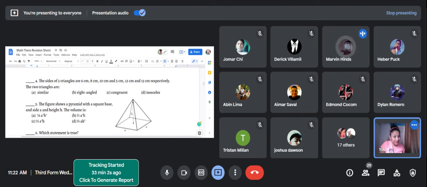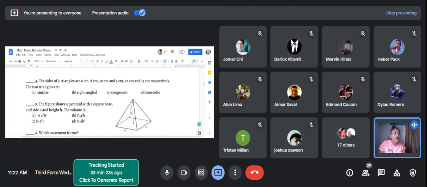The answer is D, yes. Nothing in this question, and you can read it over and over, tells you the two triangles have measures 6, 8, 10, and 5, 12, 13, and they have a right angle. The question does not say that. So automatically B is not correct.